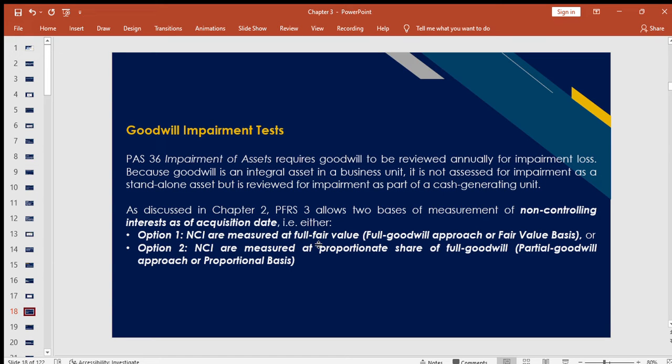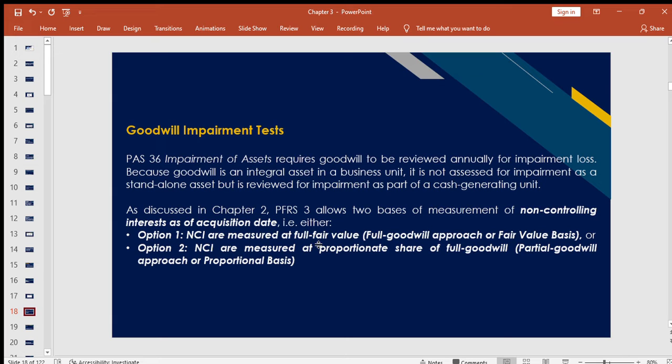So goodwill impairment test under PAS 36, impairment of assets, requires goodwill to be reviewed annually for impairment loss because goodwill is an integral asset in a business unit. It is not assessed for impairment as a standalone asset, but is reviewed for impairment as part of the cash generating unit.